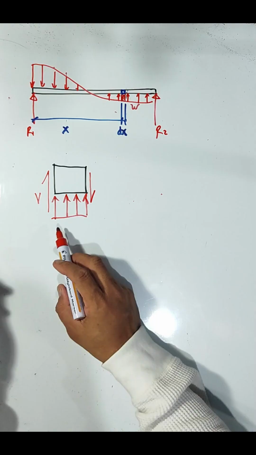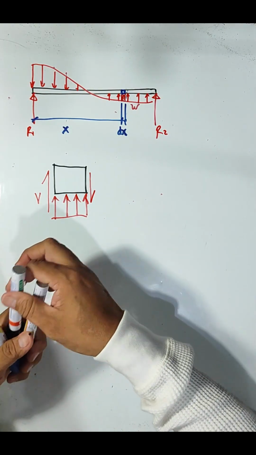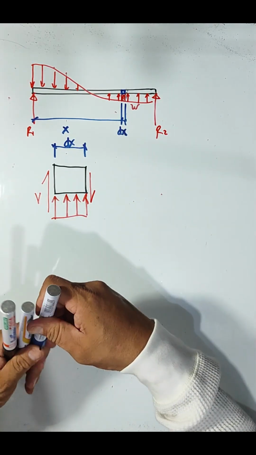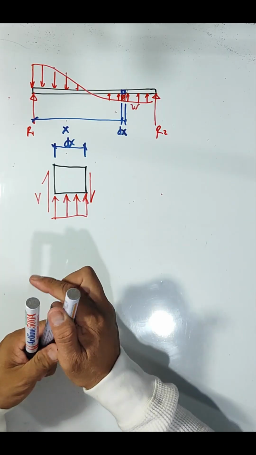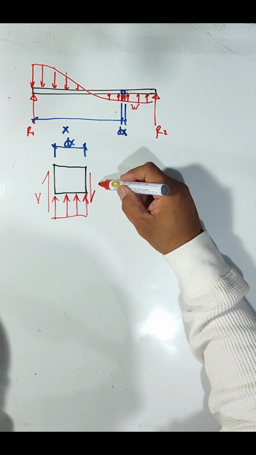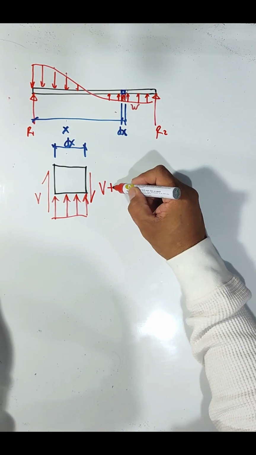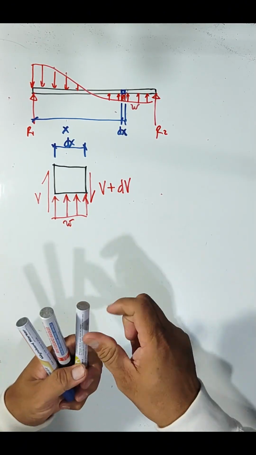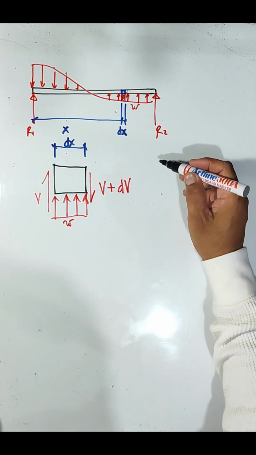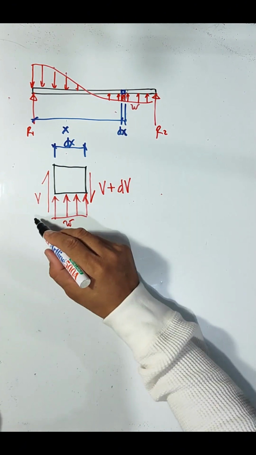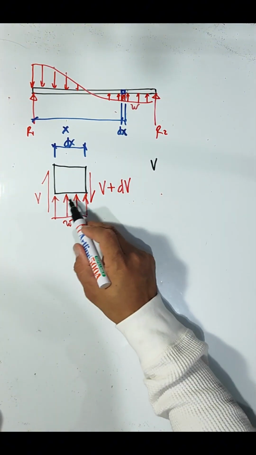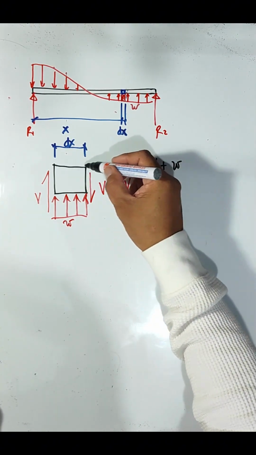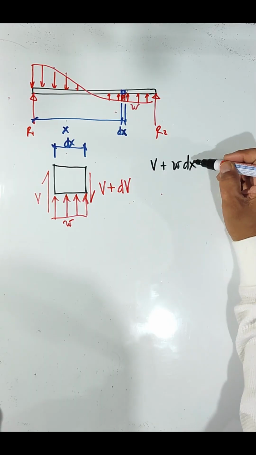Because of this very small distance dx, there is already a change in shear, so on this side the shear will be V plus dV. This is the load W. We sum up forces vertically. This one is going up, plus this is also going up, that would be the intensity times the distance dx.